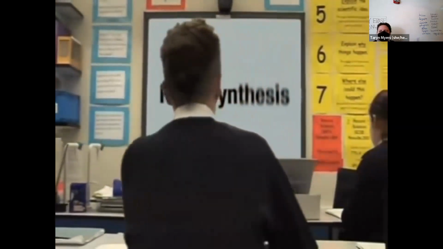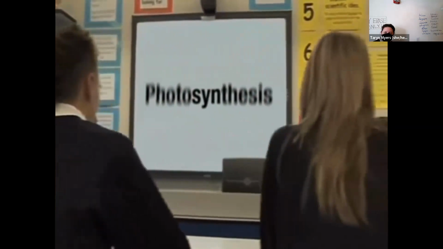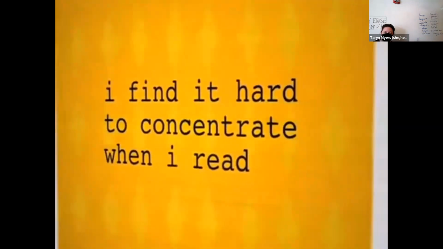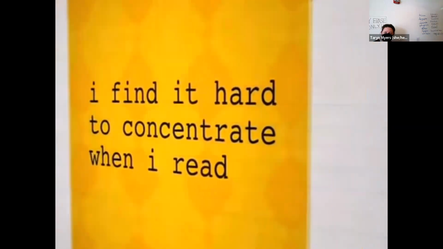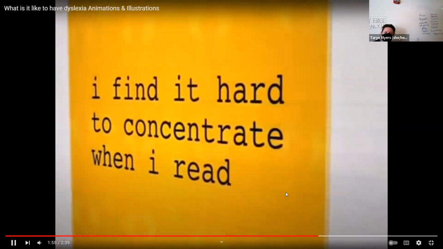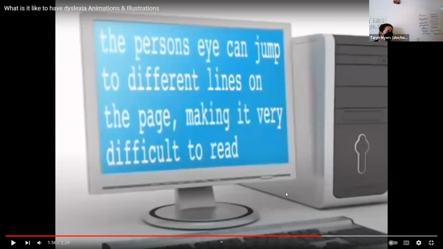Letters can look like they're backwards. And as you can see, of course it would make it hard to concentrate when you read if any of those things were happening, right?